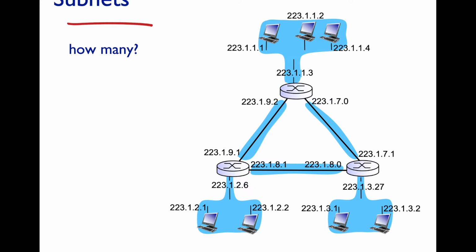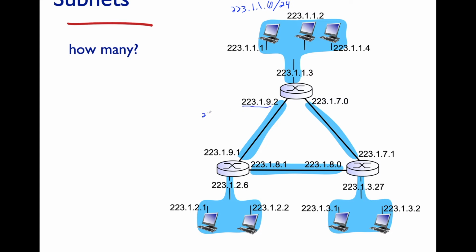Okay, so if we look at the top, well, we have 223.1.1.0 subnet mask 24. So that's one subnet, the 223.1.1 network. We also here have the 223.1.9 network.